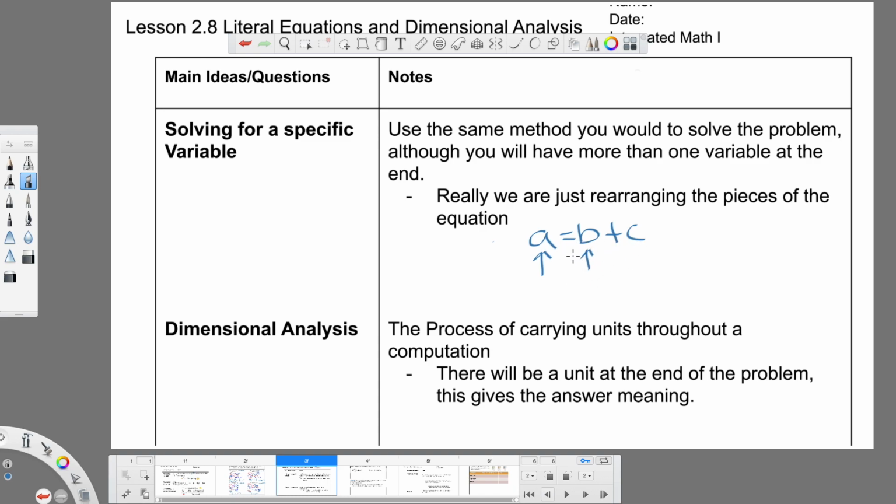I can rearrange this very quickly. So before I start plugging numbers in, I can say, if I move this around, A minus B equals B minus B cancels, even though I don't know what B is. Anything minus itself cancels out to 0. C. So now if I'm given A and B, I plug them in, and when I subtract, those equal C. It's a little quicker. This is a very simple one.